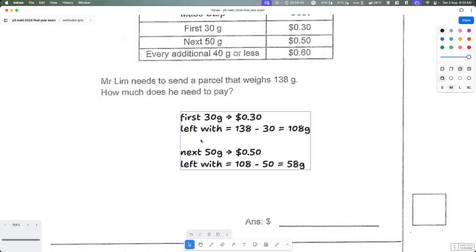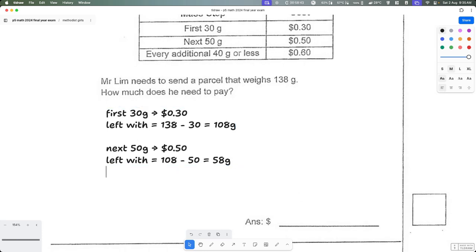Okay, so now with every additional 40 grams, the number of additional 40 grams will be equal to 58 divided by 40, which is equal to 1, remainder 18, right?